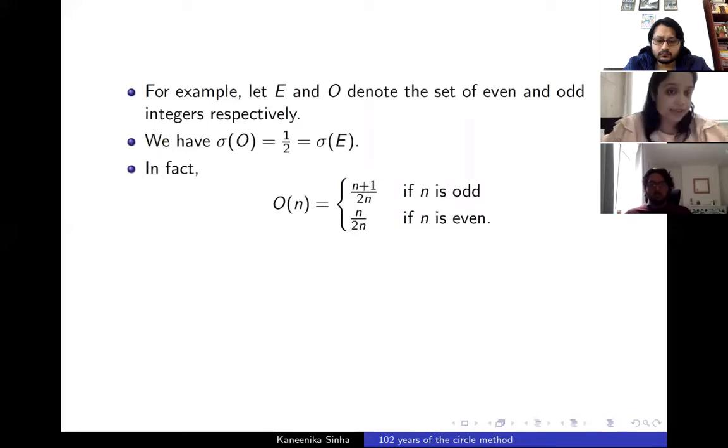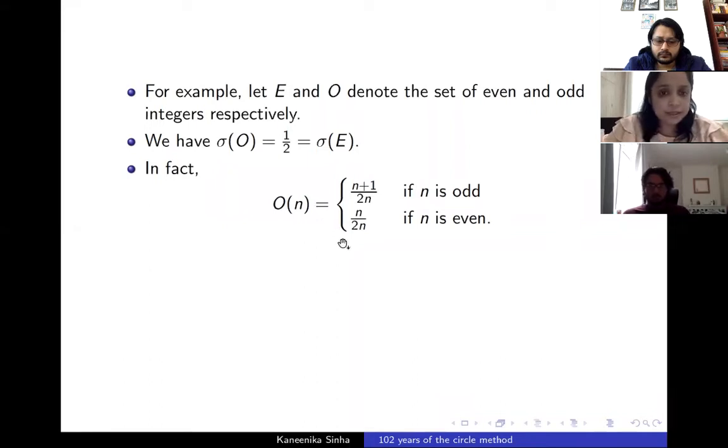In fact, O of n, the number of odd numbers up till n, is exactly n by 2 if n is even, and (n plus 1) by 2 if n is odd. So in simpler form, it is half plus 1 by 2n if n is odd. Either way, O of n is at least a half, and for several values, it is half.